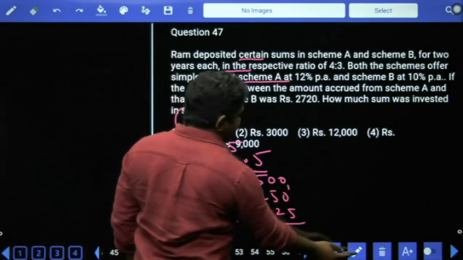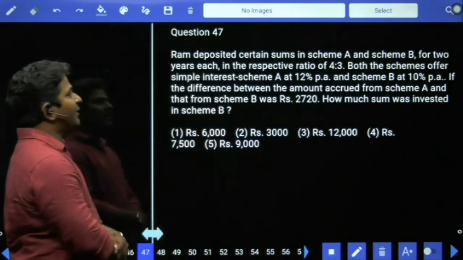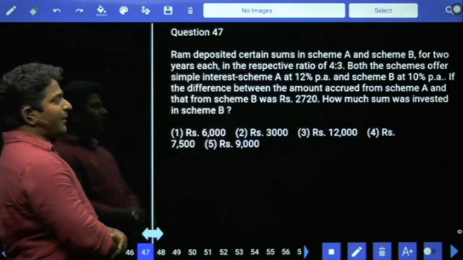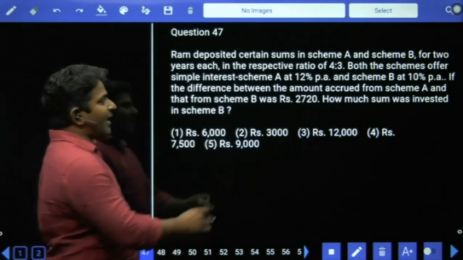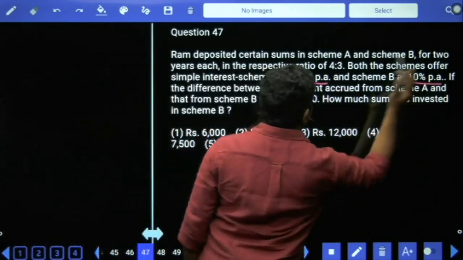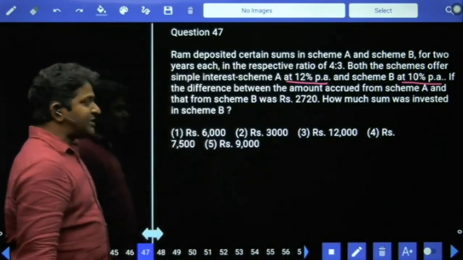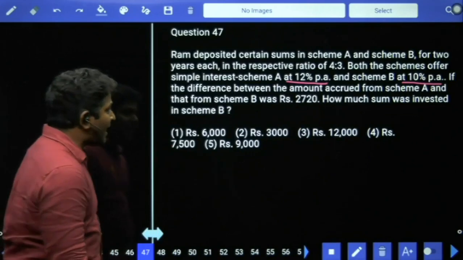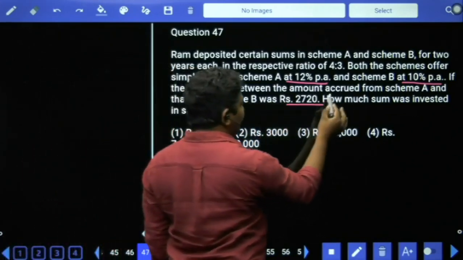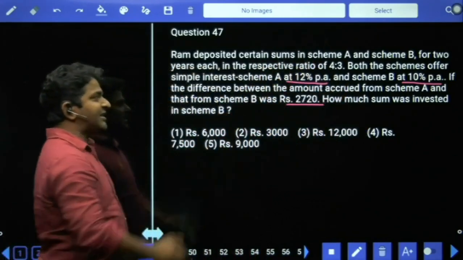Ram deposited a certain sum in scheme A and scheme B for 2 years each in the respective ratio 4:3. Both schemes offer simple interest. Scheme A at 12% per annum, scheme B 10% per annum. If the difference between amounts obtained from scheme A and scheme B was 2720, how much sum was invested in scheme B?